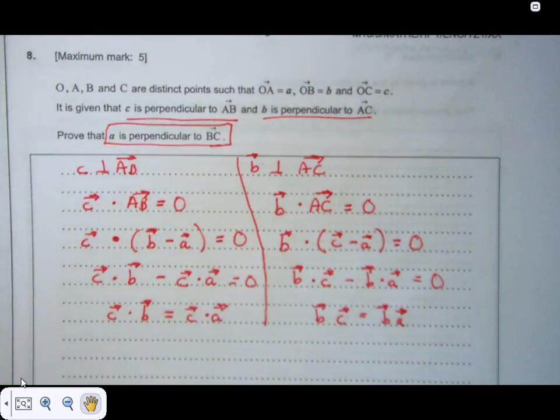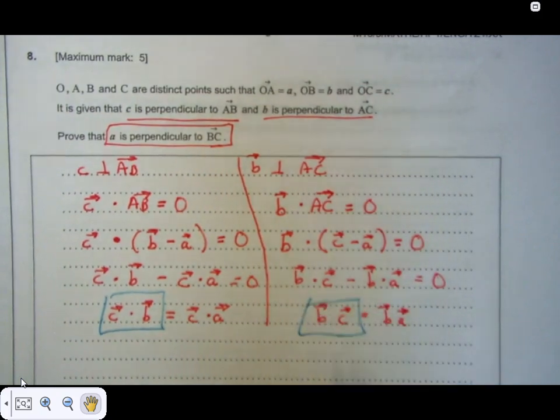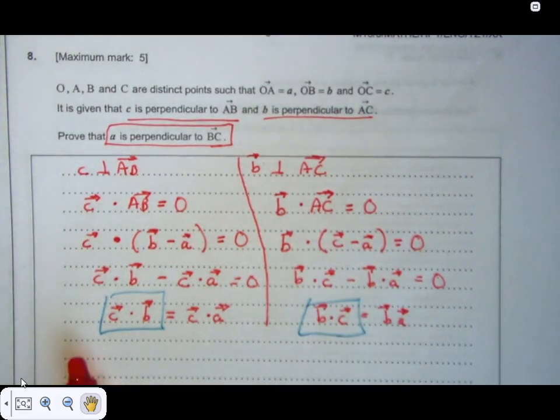Now, if you'll notice, these two both have B's and C's in them. And they're dot products. So I have a question for you. If you do a dot product, is that commutative? Yes, it is, because you're multiplying the x's plus the y's plus the z's. That's going to be the same no matter which order you do it in. So the dot products are commutative.